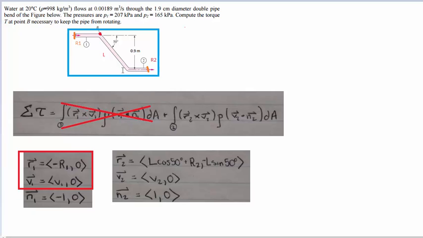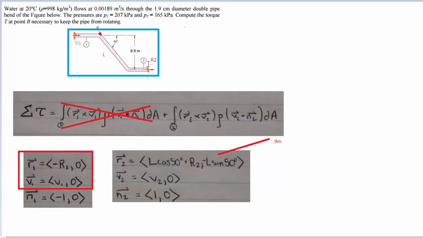So this is L cosine 50, and this is R2. And then over here, it's going L sine 50 downwards. So that's going to be 0.9. So you don't get confused and say that L equals 0.9, I'm just going to write it in over here that this entire thing, L sine 50, is 0.9 meters.